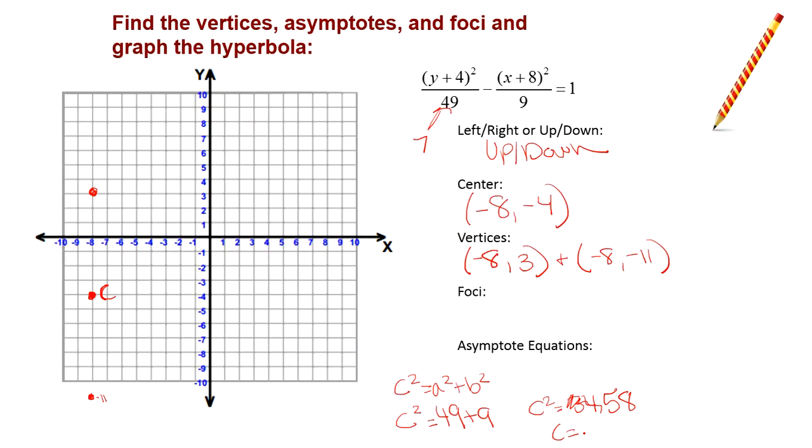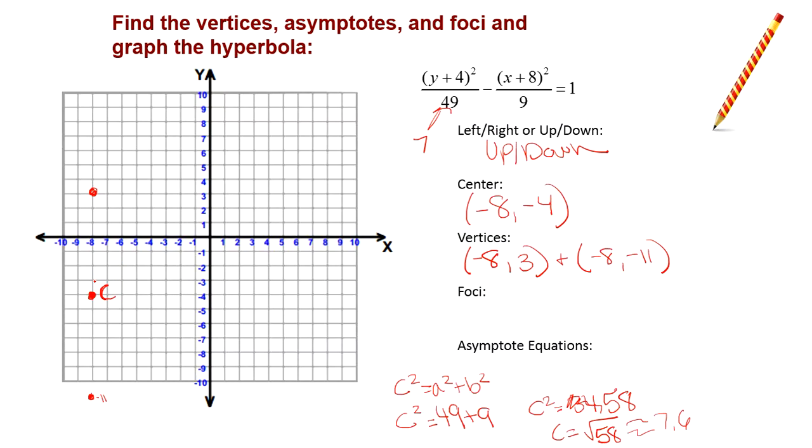So c is the square root of 58, which, if I get a decimal approximation, is about 7.6. From my center, I'm going to go a distance of about 7.6.